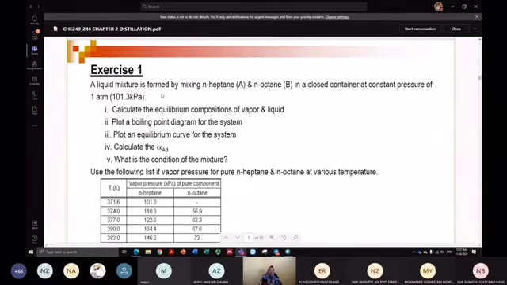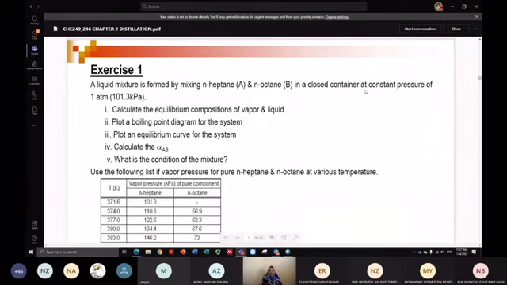Next, a liquid mixture is formed by mixing heptane, where we use A as the symbol, and octane, symbol B. So we have components A and B in a closed container at a constant pressure of 1 atm.